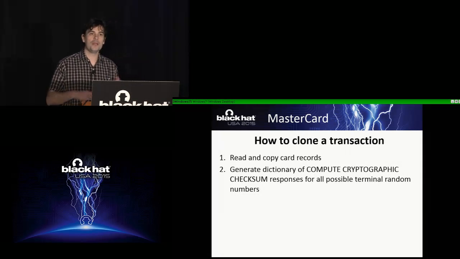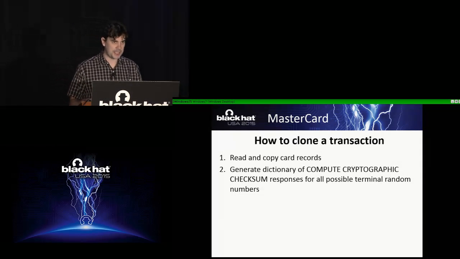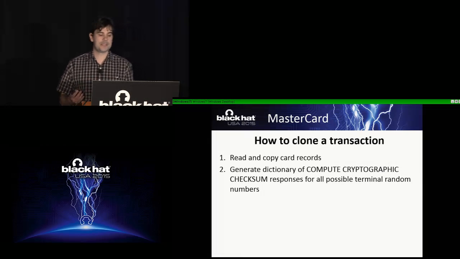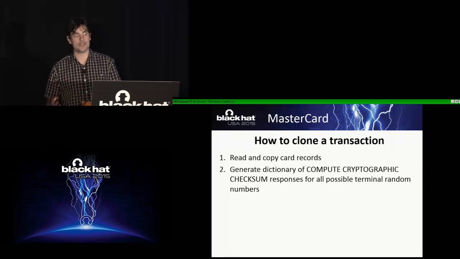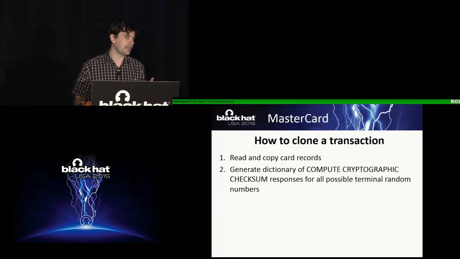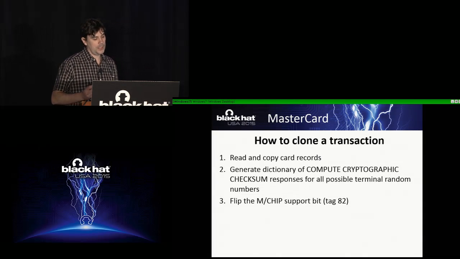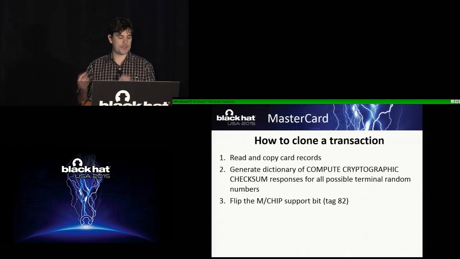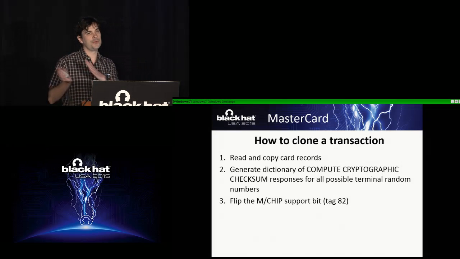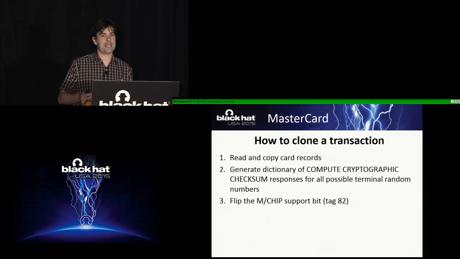This will increment the application transaction counter, but as I've tested in the actual field, it doesn't actually matter in certain payment processes. You then flip the M-chip support bit, so this is tag 82 on the card. That indicates that the card only supports a legacy mode in this case.